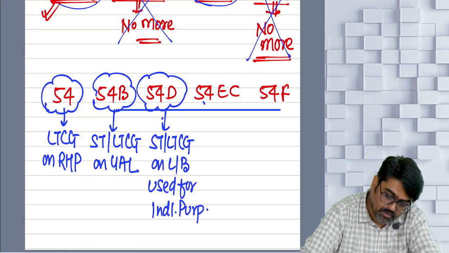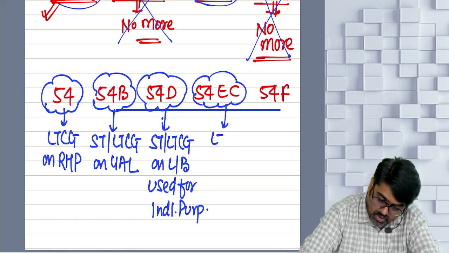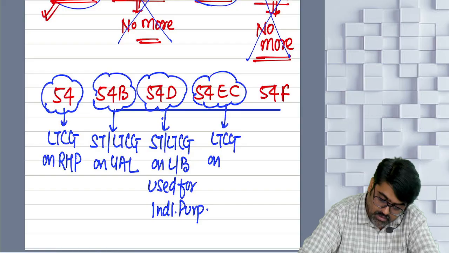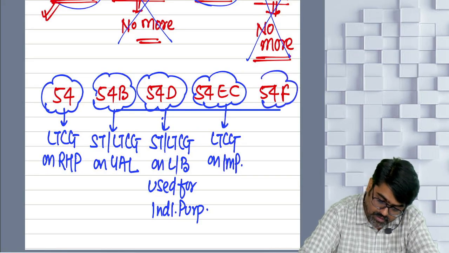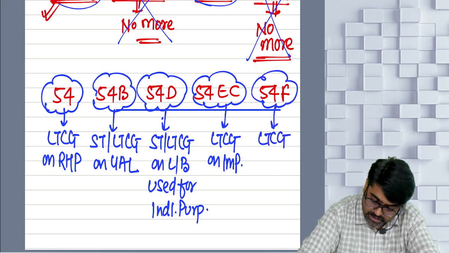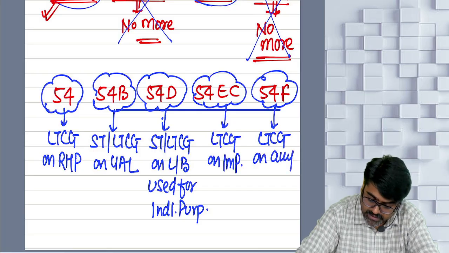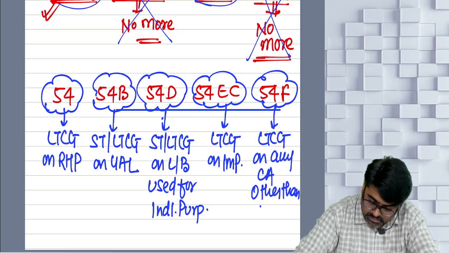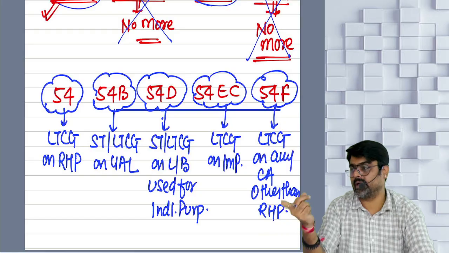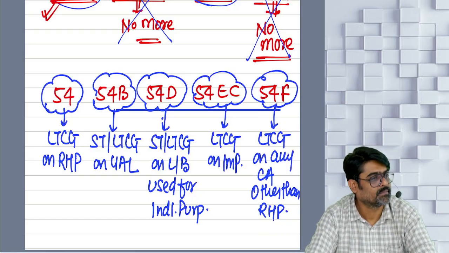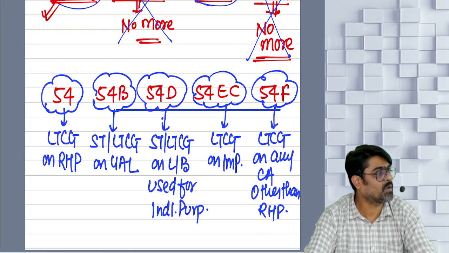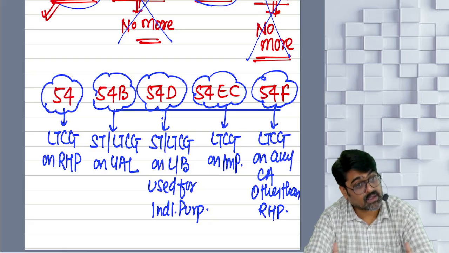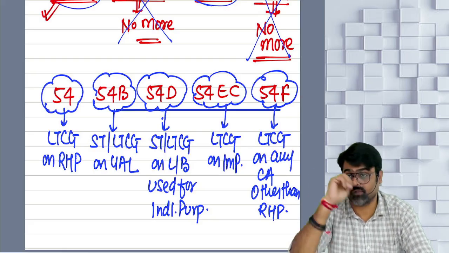Industrial purpose. 54EC will exempt the long-term capital gain on immovable property. Which property? Immovable property. And 54F will exempt your long-term capital gain on any capital asset other than residential house property, because that gain is already exempt under section 54. So long-term gain of residential property, we are already giving you exemption under 54. Claim it there. For long-term gains of other assets, 54F will be given.